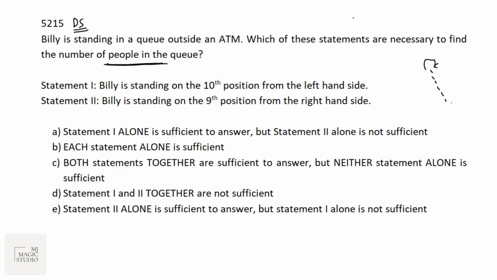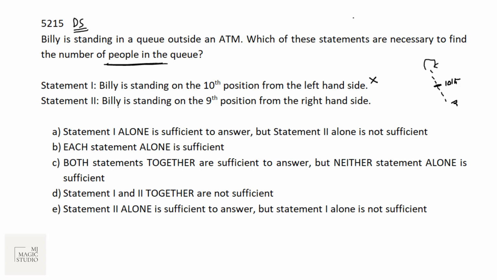Suppose this is left. So he is standing at the 10th position. But this says that there are 9 people in front of Billy, but it doesn't say how many people are there behind him. That means statement 1 alone is not sufficient to answer the question.